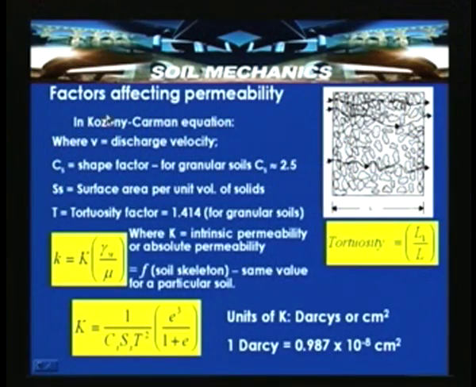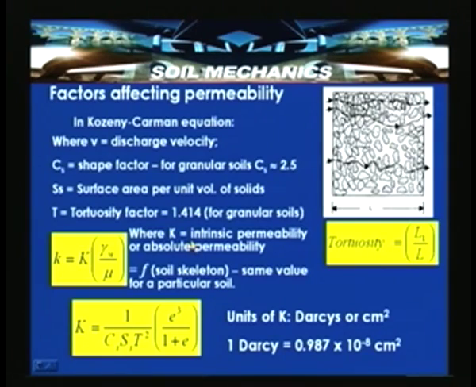So, factors affecting permeability. In the case of the Kozeny-Carman equation, the soil is assumed as an assemblage of particles, and the flow can take place in a microscopic way through a tortuous path. This particular length of the flow passing through the contact points of the solid grains is called the tortuous path.